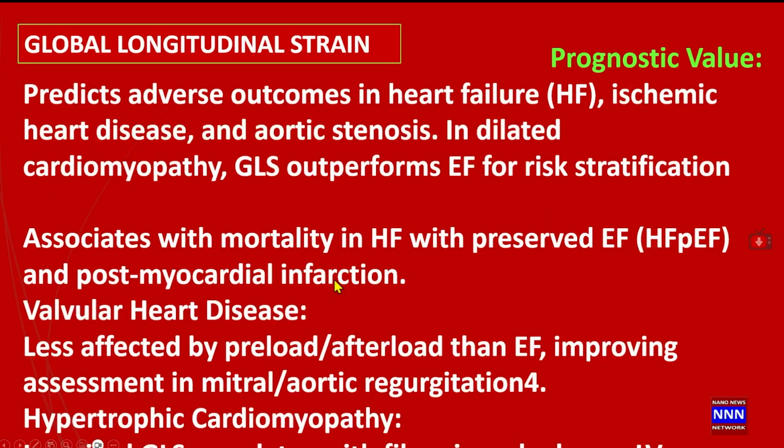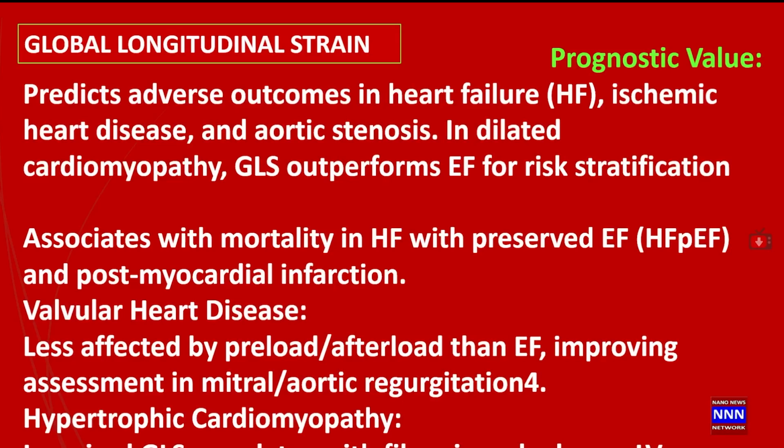Let's move on to what are the prognostic values of doing a global longitudinal strain. It predicts the outcome in patients with heart failure, ischemic heart disease, aortic stenosis, and in dilated cardiomyopathies. It outperforms ejection fraction for risk stratification. I want to underline that GLS outperforms ejection fraction for risk stratification in patients with heart failure.